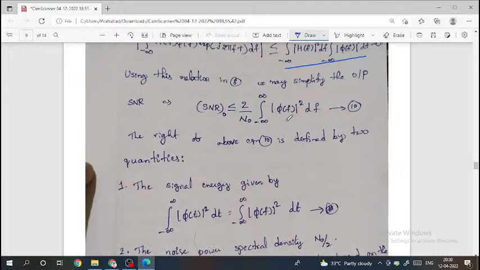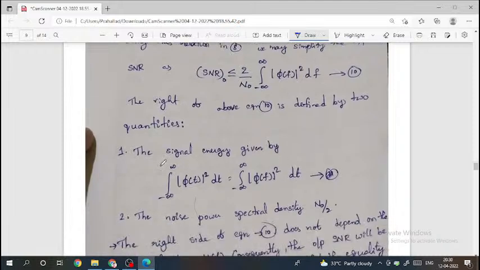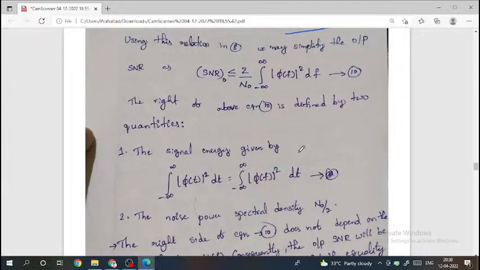Now the right side of the above expression is defined by two quantities. The signal energy is given by this, which is from the Rayleigh's theorem. So what does Rayleigh's theorem mean? Here the signal energy, the integral from minus infinity to infinity of φ²(t) dt, is equal to the integral of |Φ(f)|² df.